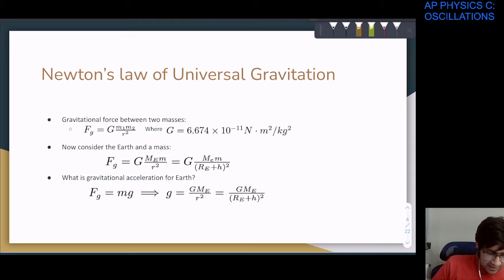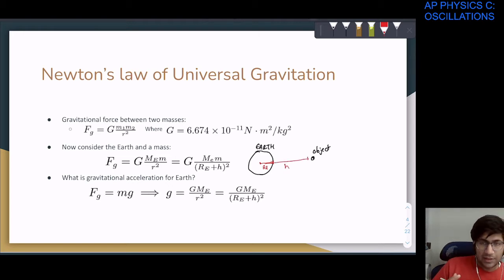And we'll say that the distance r squared, so r is the distance between the two objects, is the same thing as if you were to measure, if this here is the Earth, and this over here is the object, the distance from the center of mass of the Earth to the surface of the Earth, plus some additional distance over here, h.